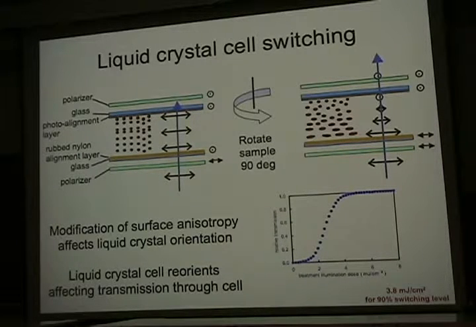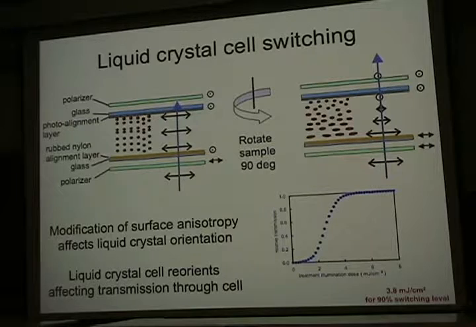If you have a photo alignment layer on the bottom, and a traditional nylon layer on the top, and they're both planar alignment layers, then you can introduce polarized light, causing reorganization of the photoactive layer in whatever direction you choose, and thereby twist the liquid crystal cell.